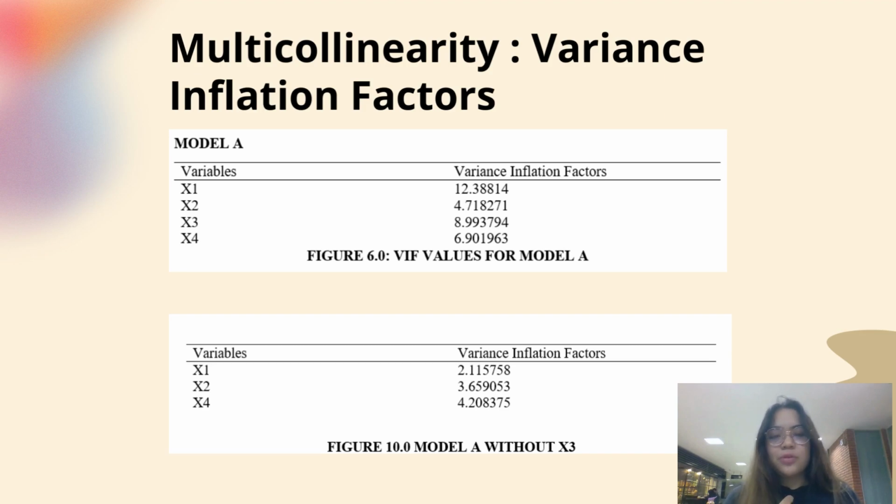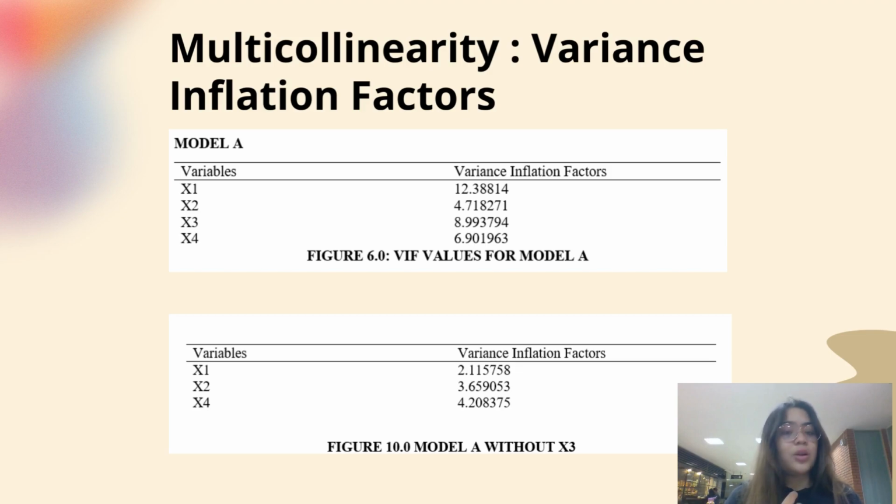After several removals of different variables to lessen the severity of multicollinearity, as you can see, the removal of X3 provides a better outlook and lessens the seriousness of multicollinearity for model A. As compared to the previous VIF values, the removal of variable X3 has given a better outlook, with values recorded at 2.115784 for X1, 3.659053 for X2, and 4.208375 for X4.